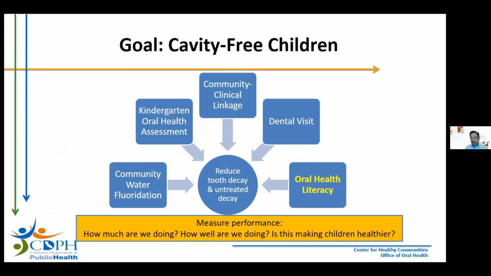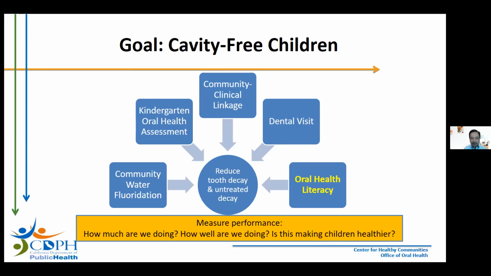We have 5 key components in our efforts to decrease cavities in California. Water fluoridation, kindergarten assessment, community clinical linkage, that's the school-based, school-linked program, Head Start, WIC, and primary care providers, all the linkage programs.